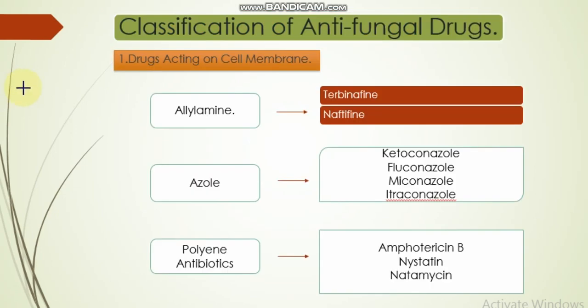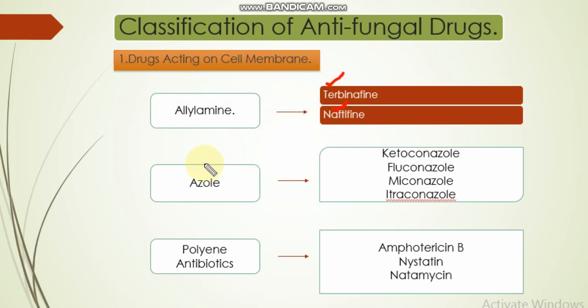The first class of antifungal drugs is drugs acting on the cell membrane. Those drugs which are responsible for the disturbance of the cell membrane of the fungus are known as drugs acting on the cell membrane. The first type is the allylamines, and examples of allylamines are terbinafine and naftifine.